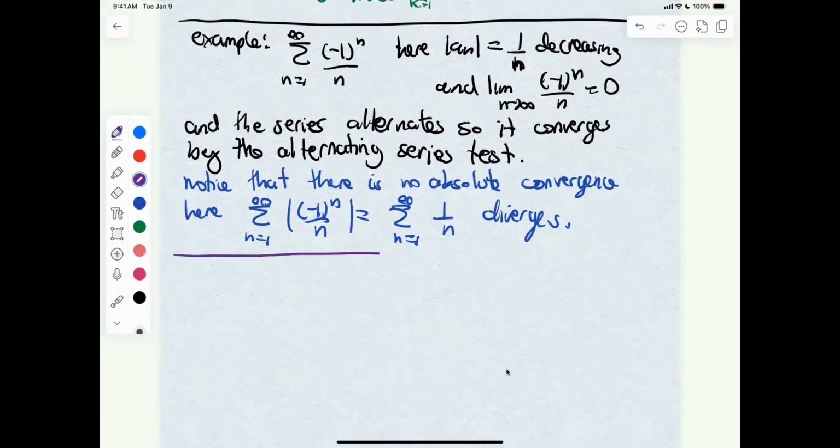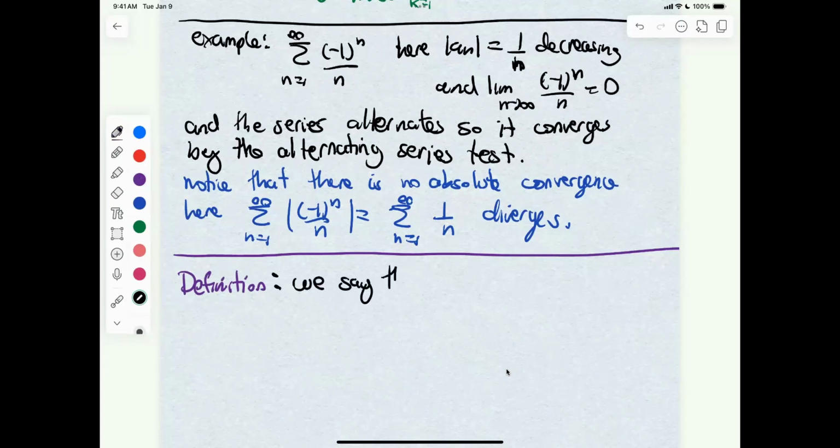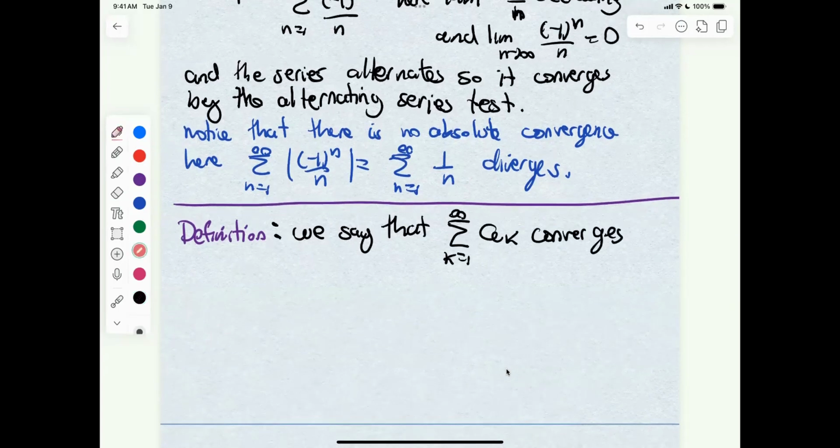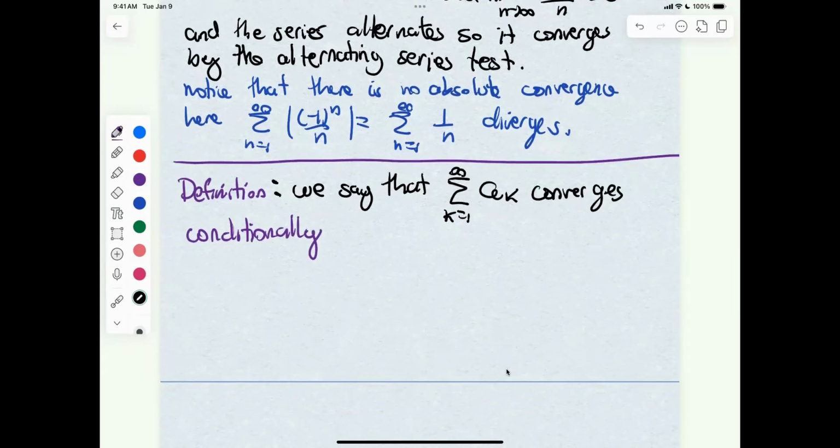So we say that the series converges conditionally if the series converges, but not in absolute value.